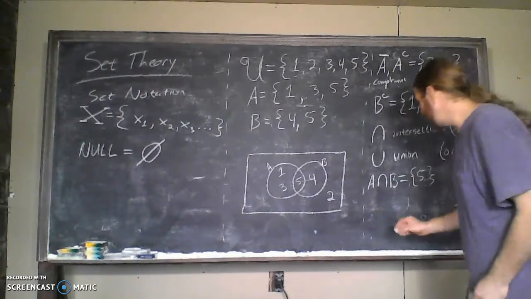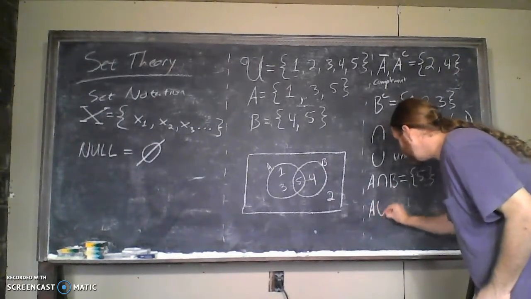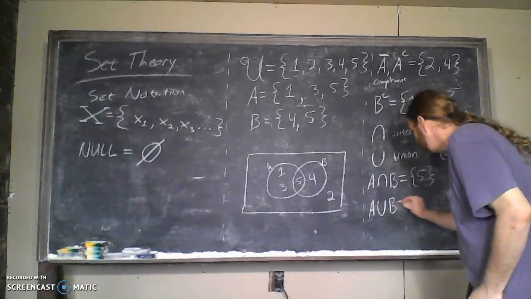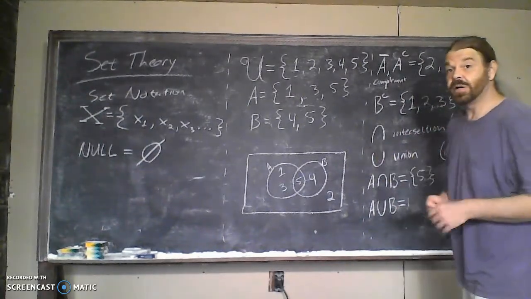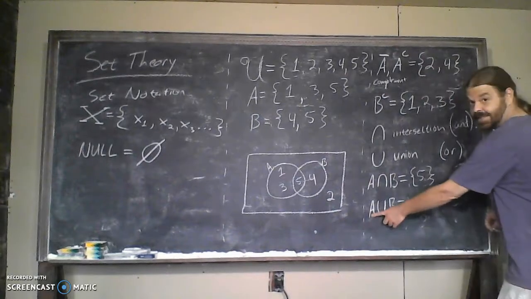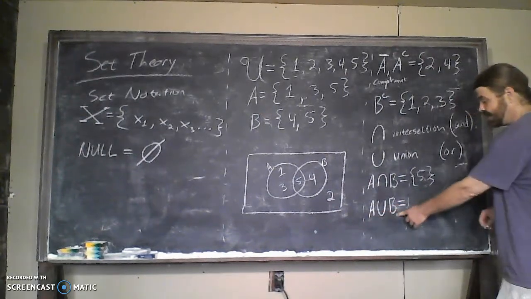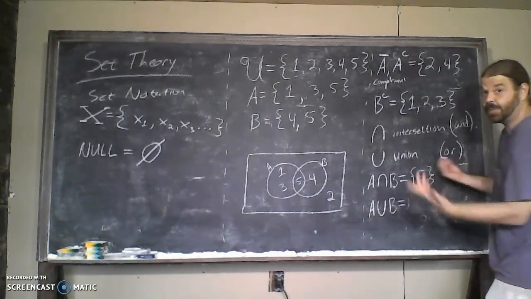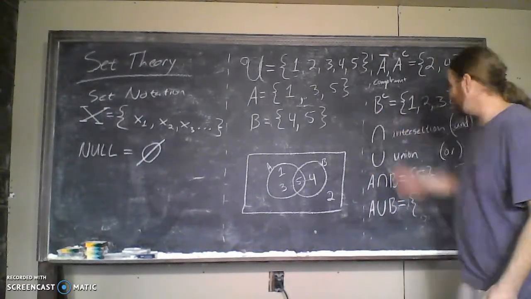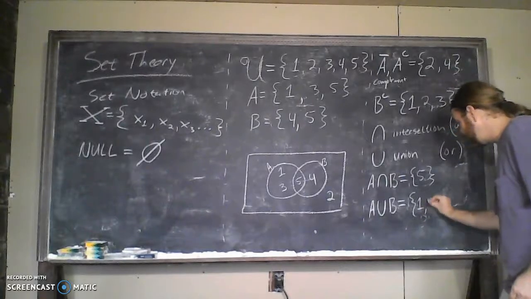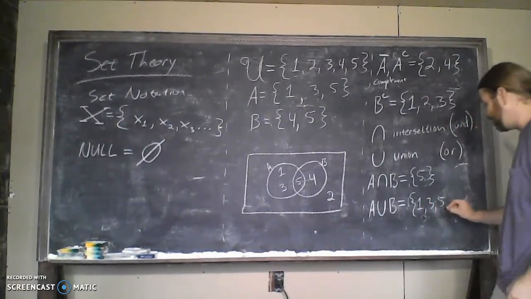And the union, A union B, is more like an "or" situation. If it's in either one. Anything that's included in set A, along with anything that's included in set B, and we don't need any duplicates. So set A has 1, 3, 5.